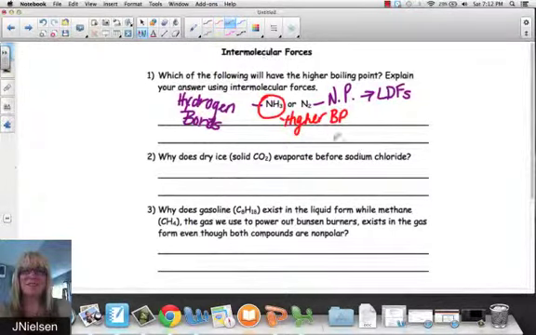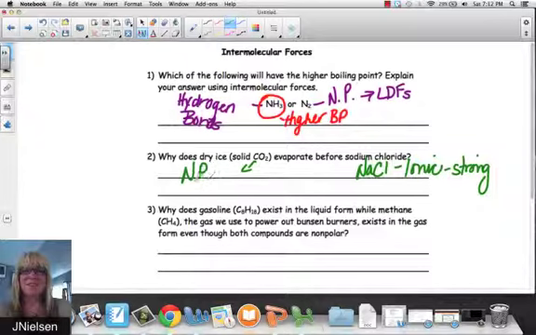So if we look at sodium chloride, NaCl, you have a metal and a nonmetal, you know that is ionic, and that's very strong. Where CO2, you know, this is nonpolar by symmetry, so this is going to have LDFs. So if I've got very weak forces, I'm not going to be able to stay in the solid state.